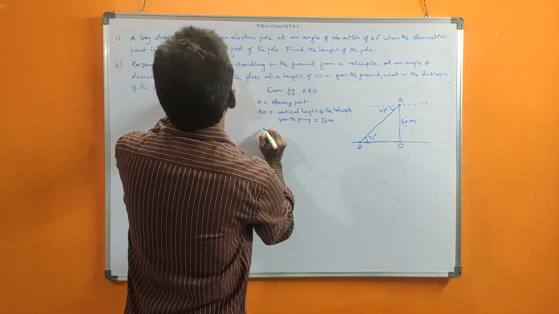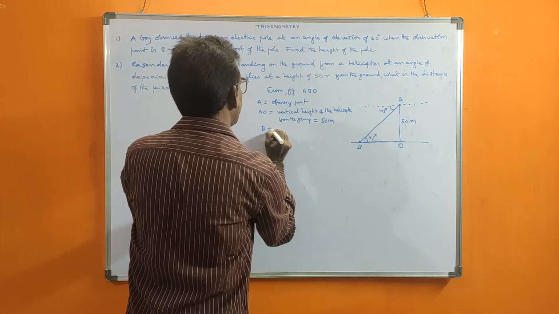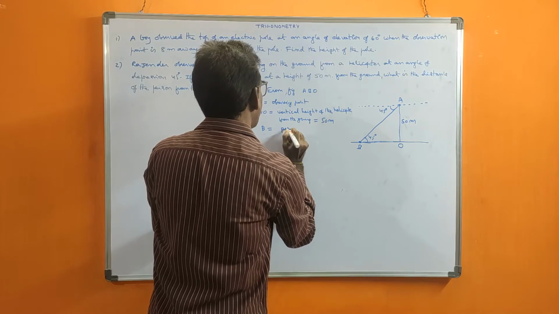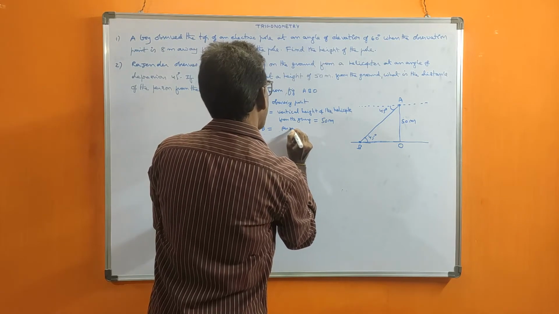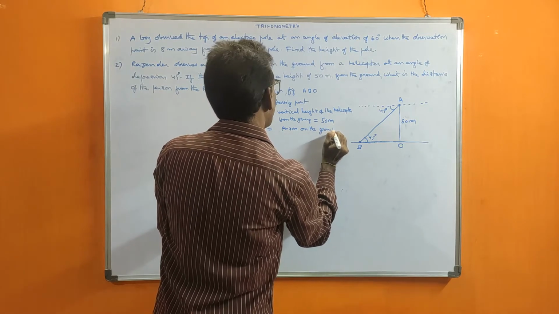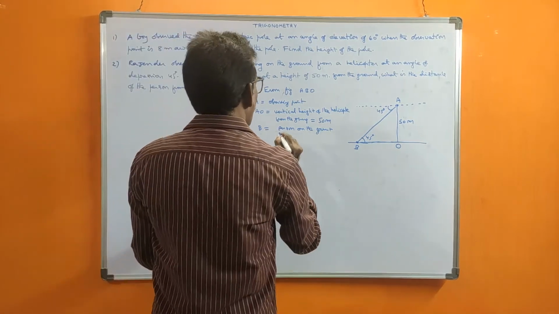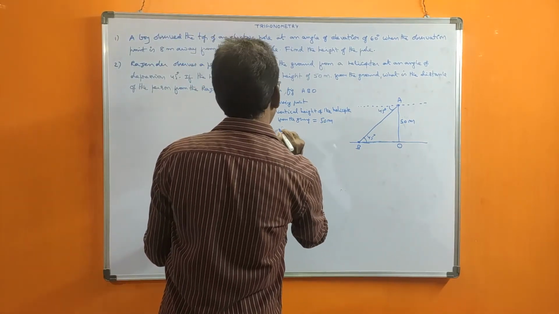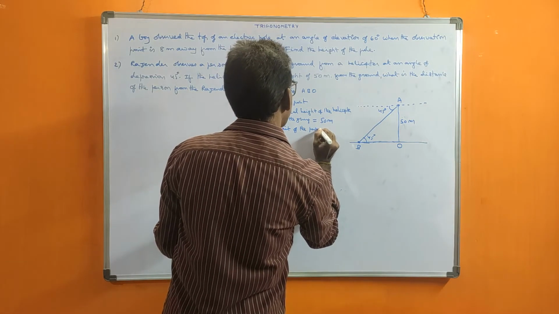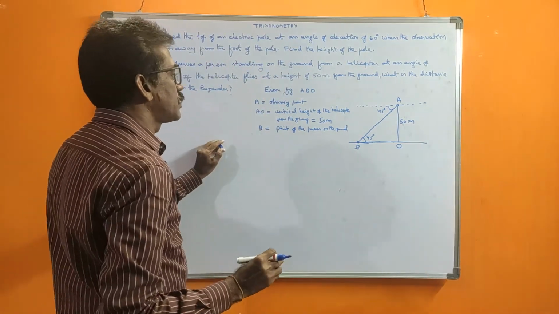See, Rajan observes the person, that means the object. B is equal to the observed point, that means the person on the ground. B is the point of the person on the ground, that we should write.